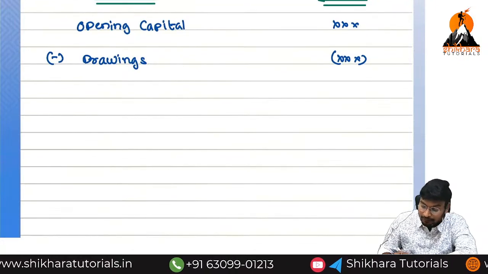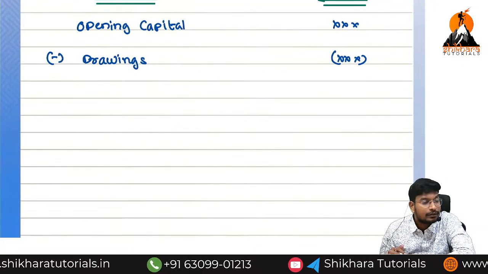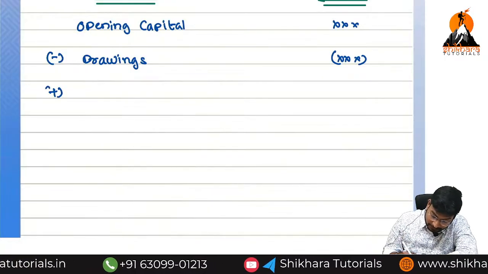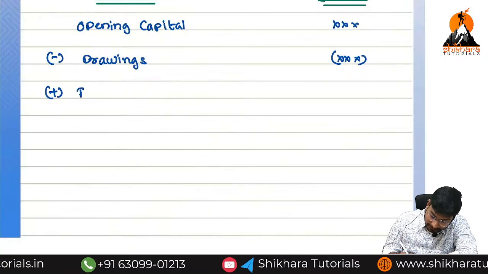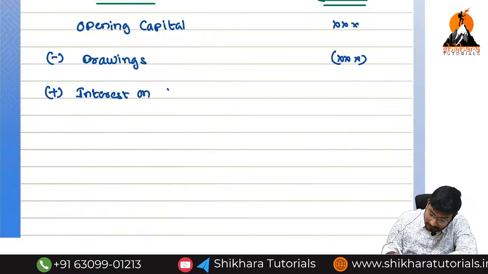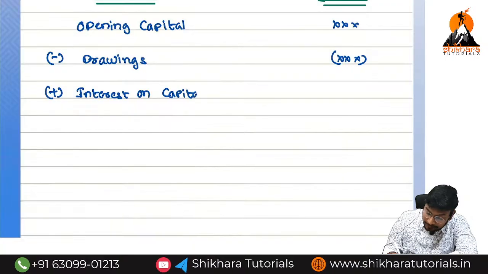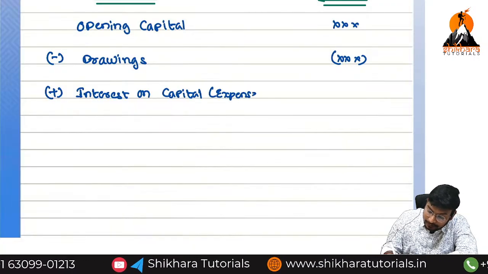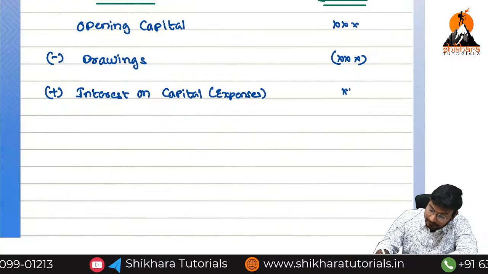Next, what do we need to add? Interest on capital. In brackets you can write expenses or income: expenses.